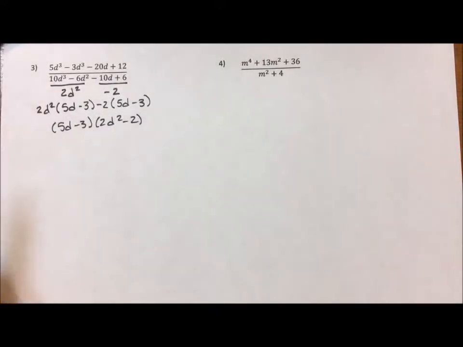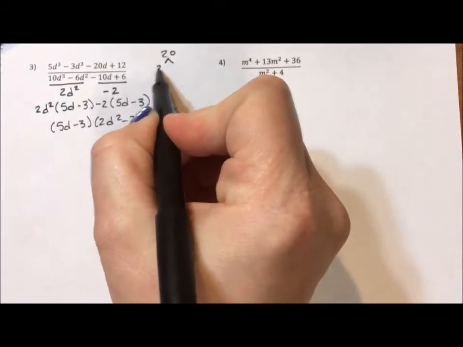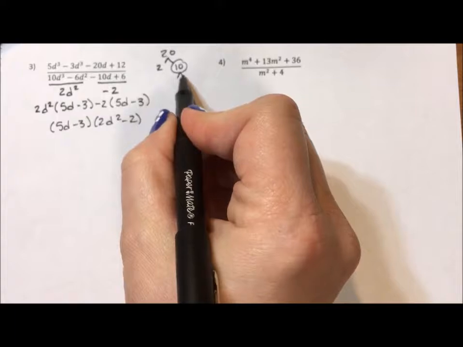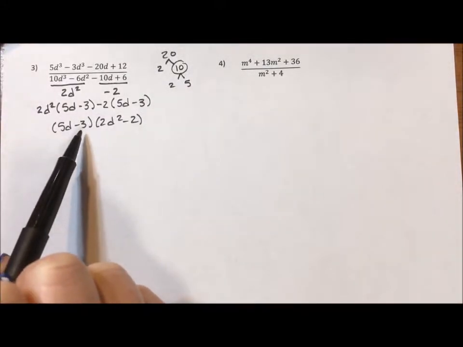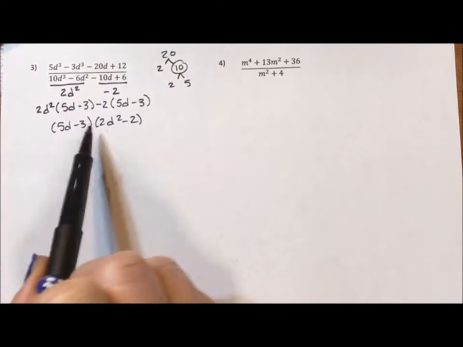So the point of factoring, it's really prime factorization of a polynomial. If I was doing prime factorization of 20 and I had 2 and 10, I wouldn't be done, because that 10 can still be factored down to get to all of my primes. I would have to go further to 2 and 5. Well, that's what's happening now. This 5d minus 3 is prime. We're done with this binomial. This is far from being done.